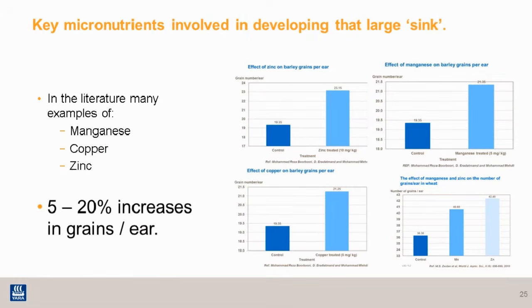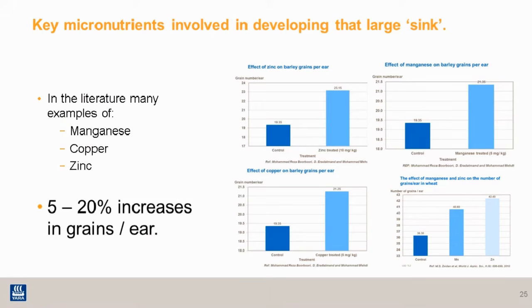But also then we've got the micronutrients, and I certainly don't expect you to read all of those graphs, but they are all up on our website. So if you either Google or go onto the website, you'll see where this data is cited, and it all highlights the micronutrients manganese, copper and zinc, all showing anywhere from a 5 to 20% increase in the grains per ear.